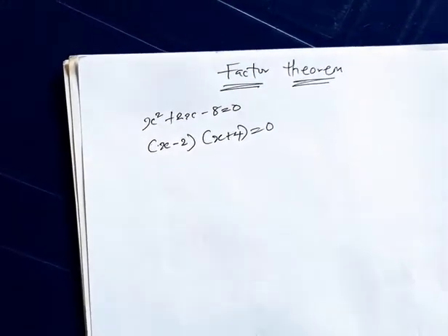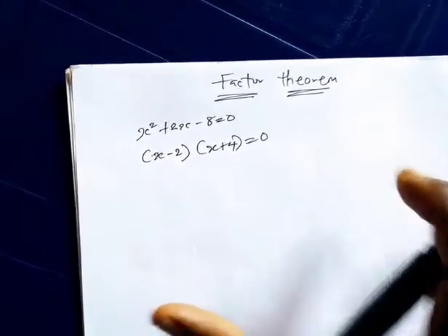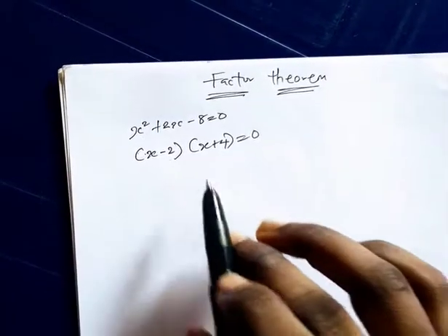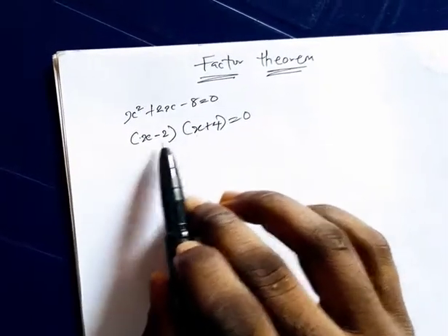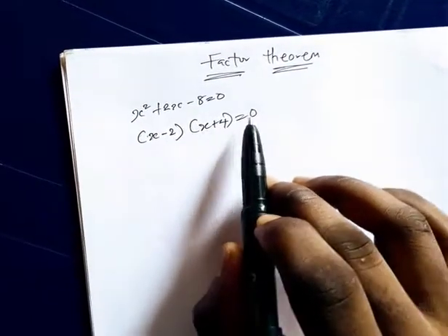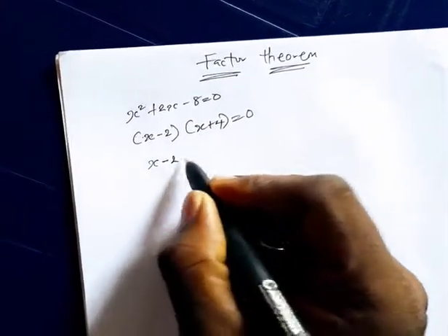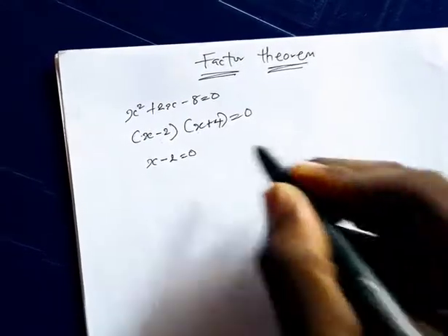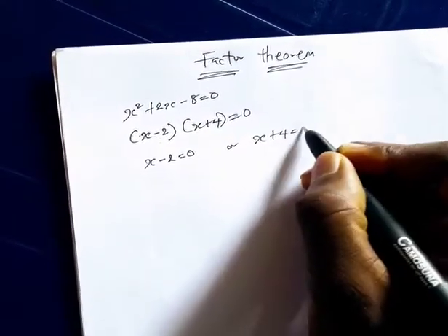Now, this is a basic idea of factorization that we have known, and from this we can say that if the product of these two numbers equals 0, then x minus 2 has to equal 0, or x plus 4 has to be 0.